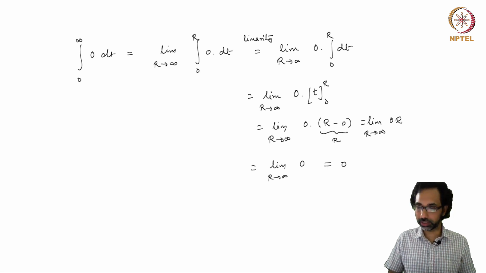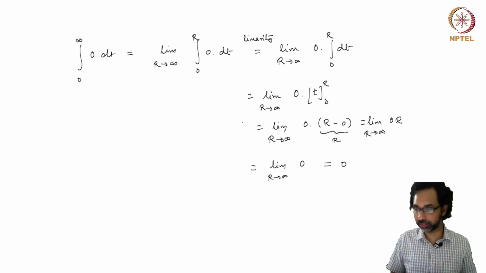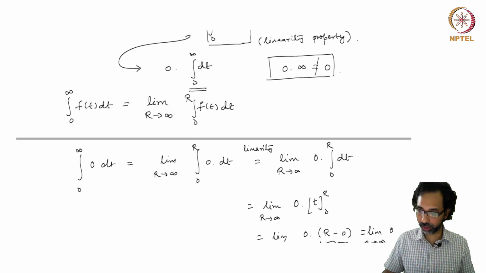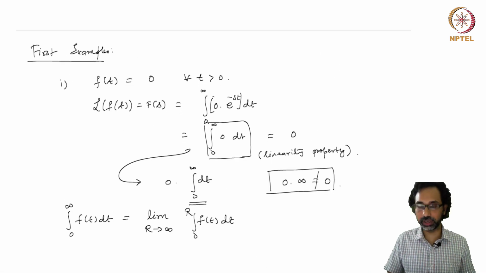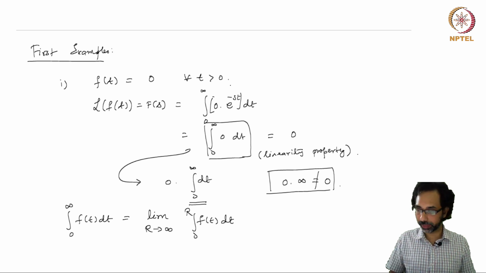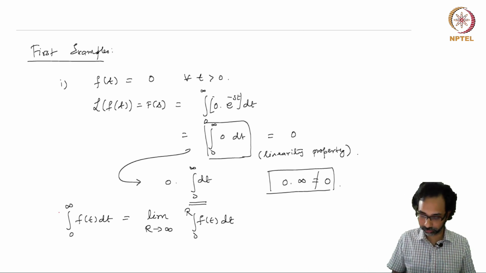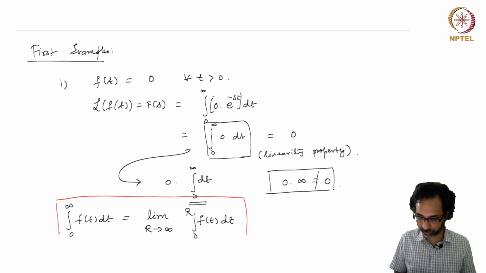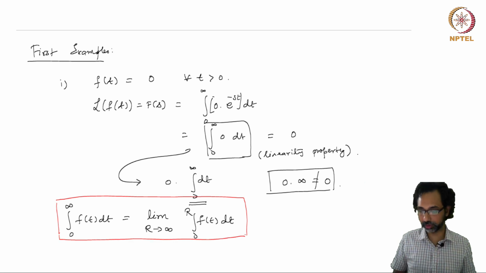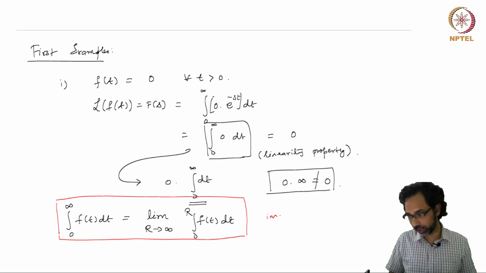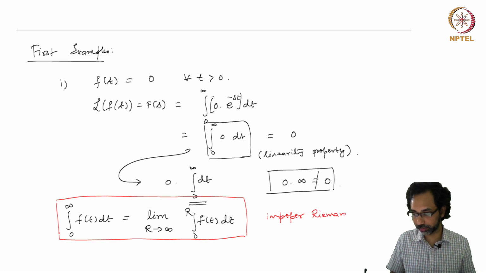So this calculation can be formalized using limits. One has to be careful when you have this kind of integral from 0 to infinity. It is always defined by this formula using limits, and this is what is called an improper Riemann integral.